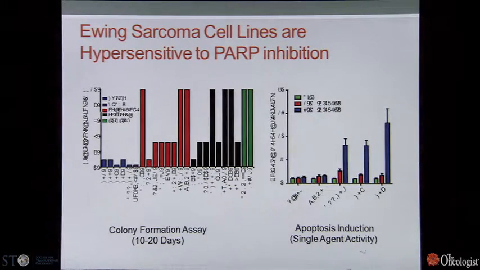I told you that most of the time what we did was look at 72 hour response. So you could ask, for a PARP inhibitor, is that really relevant, and what is the biology behind that? Can you show in a longer term assay that you actually have differential activity of some of these drugs? So this is what we did here with a much longer assay, which is more of a colony formation type of assay. Depending on the cell line, this is a 10 to 20 day time frame.